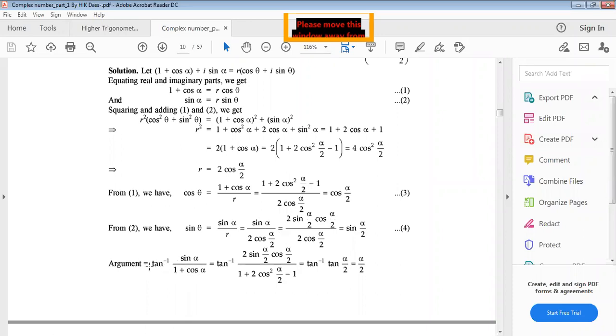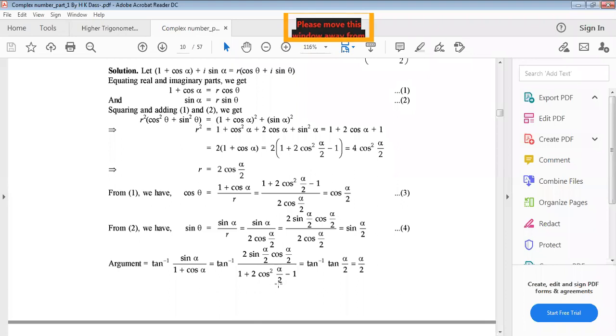Theta, the angle, equals the argument: angle equals tan inverse y by x. Tan inverse, y value is sin alpha and x value is 1 plus cos alpha. Tan inverse of this: sin twice a formula is 2 sin a cos a, where a means alpha by 2. Remember it. Similarly 1 plus cos alpha, 1 plus cos twice a formula: cos 2 into alpha by 2, that means cos alpha, can be written as 2 cos square alpha by 2 minus 1.